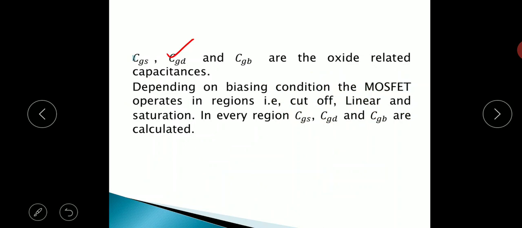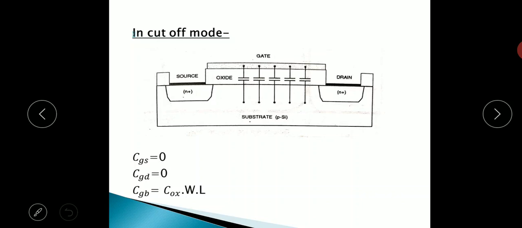Depending on biasing condition, the MOSFET operates in three regions, that is cutoff, linear and saturation. First we discuss cutoff mode. In this mode there is no channel formed, because of that there is no connection between source and drain.